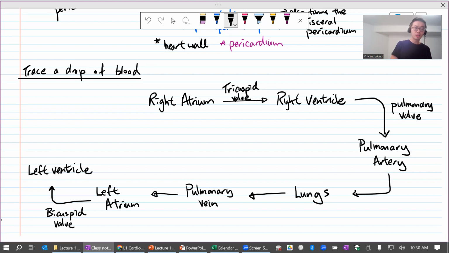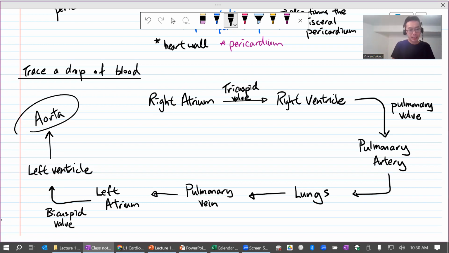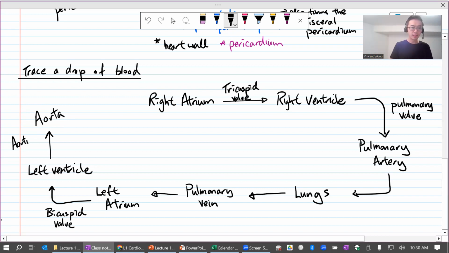From the left ventricle, we will squeeze the blood through the largest blood vessels so that it can be sent to the head, to the left side and the right side of the body, as well as the bottom of the body. But at the beginning of the aorta, we have another valve, right? Aortic valve. The aortic valve.